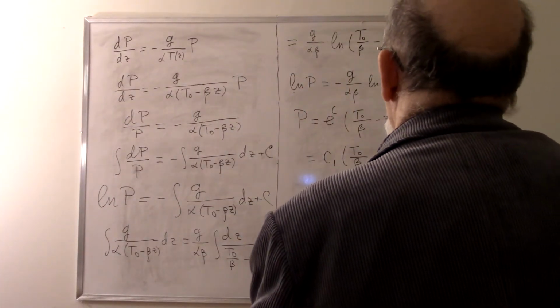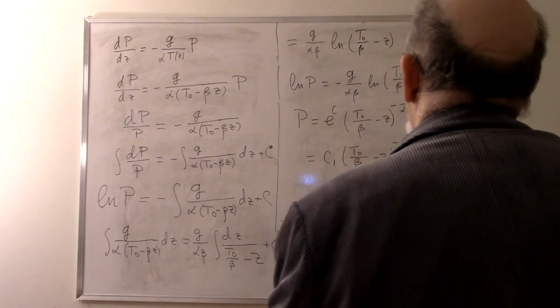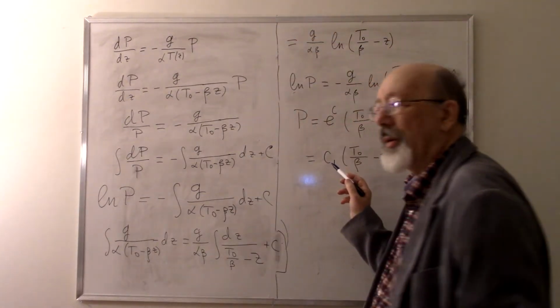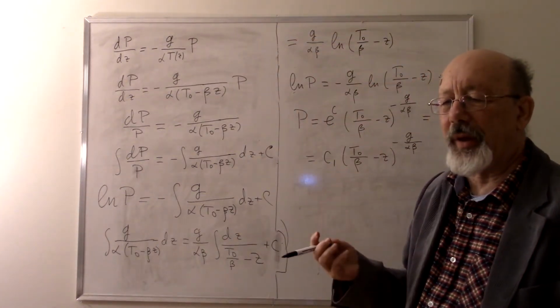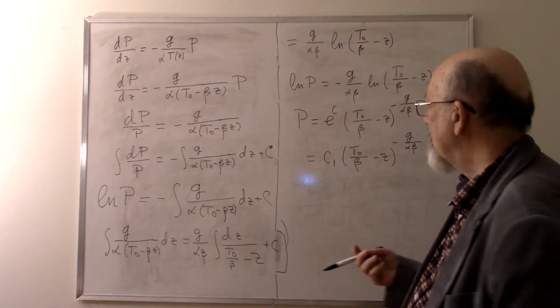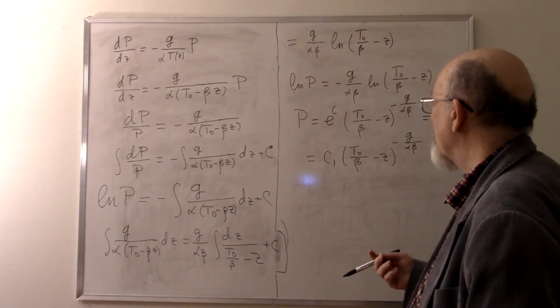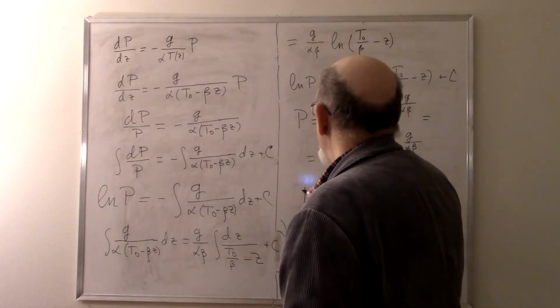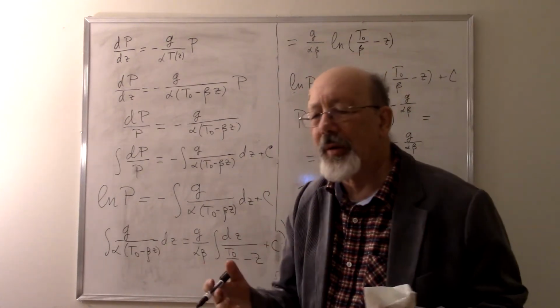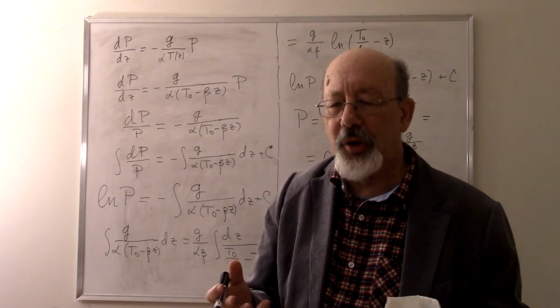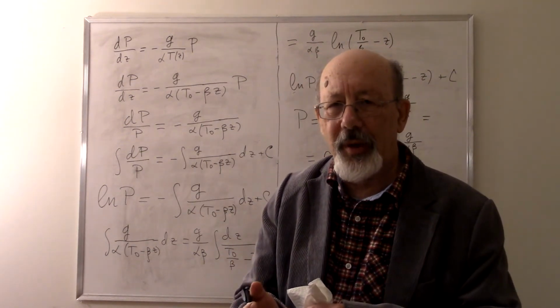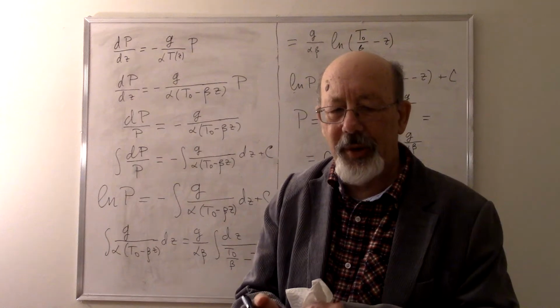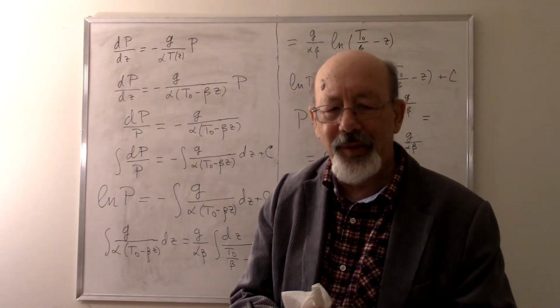Now to solve the equation we should find C1. We have the initial condition at the ground level, so we can measure the temperature, the pressure and the density.